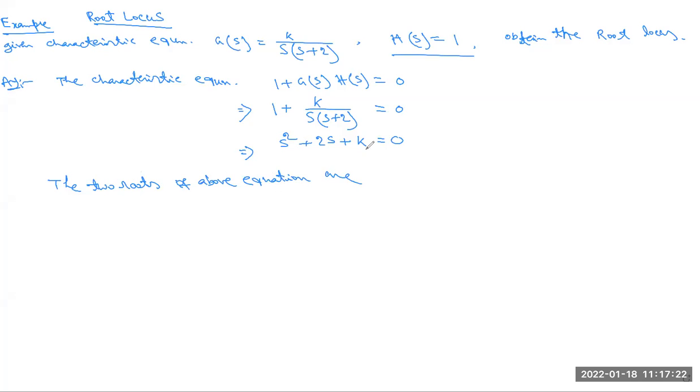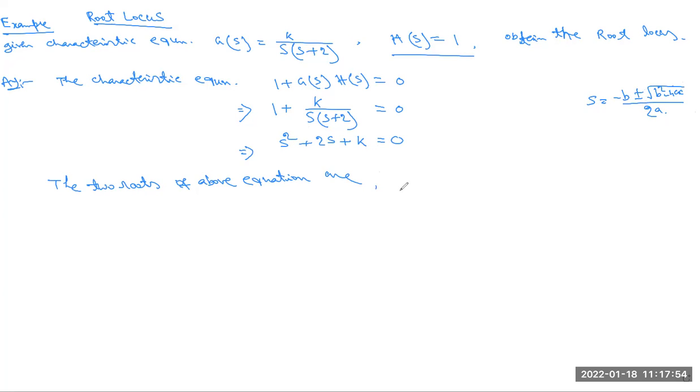This cannot be factorized by the middle term factor. When it is not solvable using the middle term factor, we use the formula, which we also know: x equals minus b plus or minus the square root of b squared minus 4ac, divided by 2a. You can easily apply this rule to this equation.